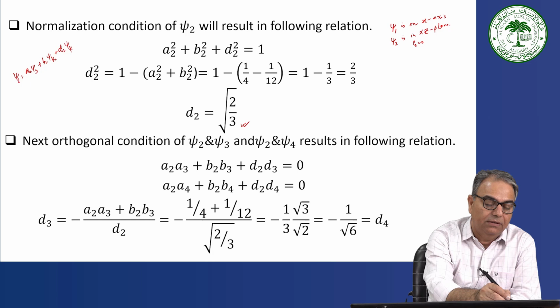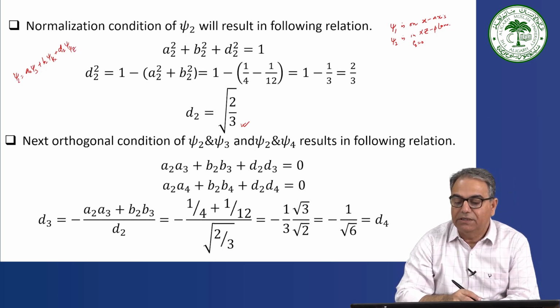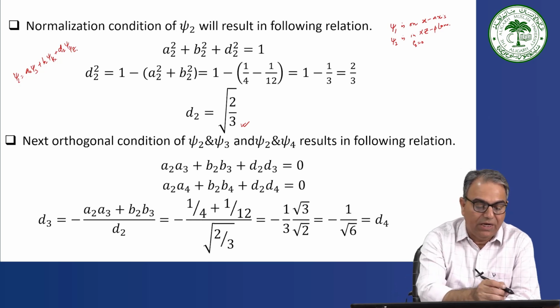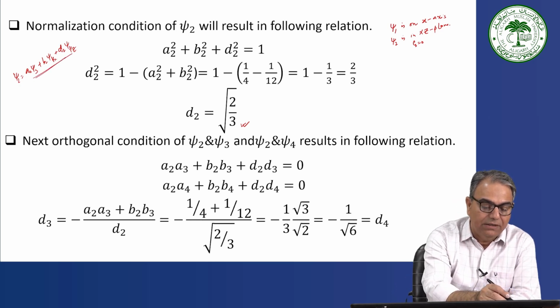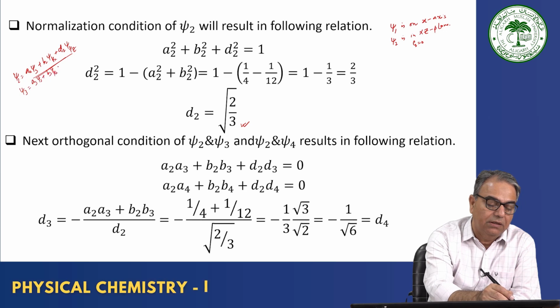Py contribution is nil, since it is in the xz plane. So you have these three in psi 2, and in psi 3 you have four terms: a3 psi s plus b3 psi px plus c3 psi py plus d3 psi pz.